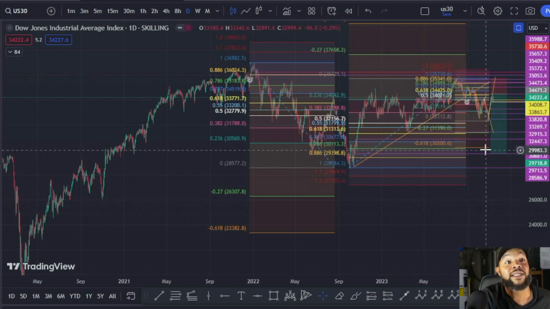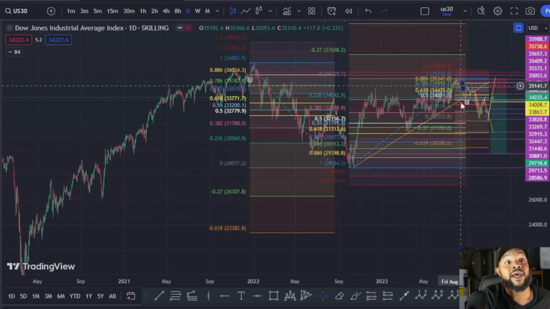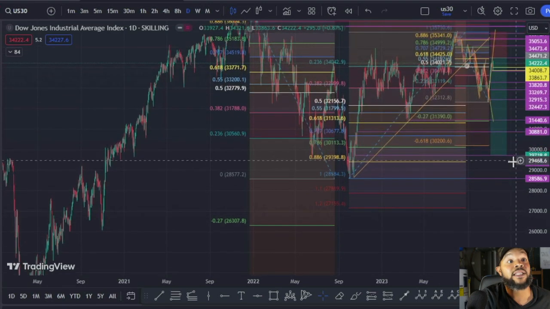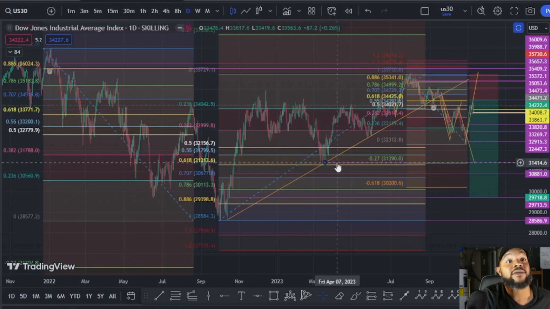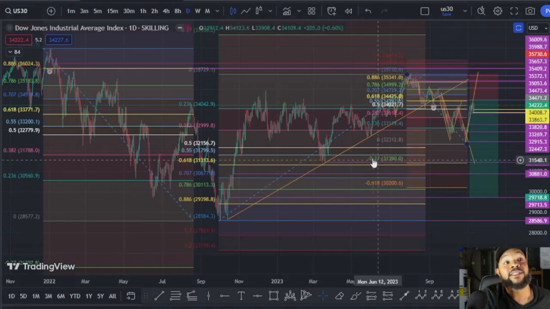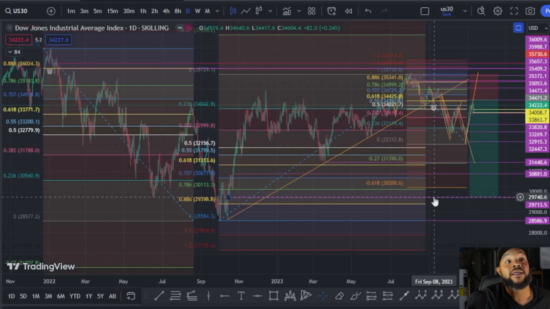So that's why I'm expecting it to at least respect this fib level from the October low, made a high, swing back 61% to liquidate at least this fib level at 31414. So it'd be like the negative 27 fib zone of this minor fib. So that could be a take profit 1 or TP1, and a negative 618 would be, of the liquidity past that zone, a TP2.